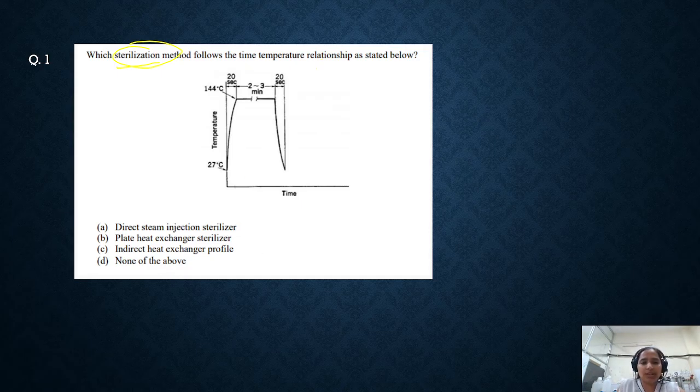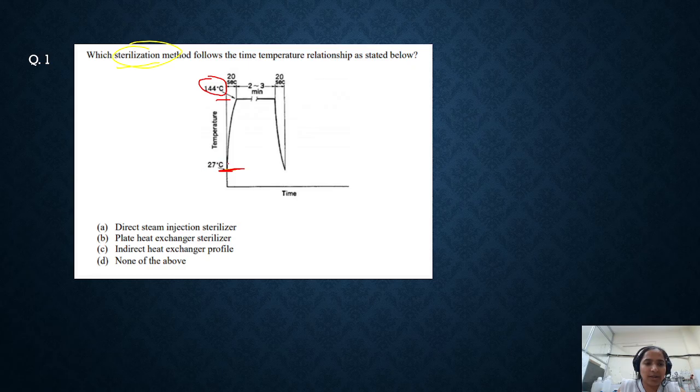So this figure is representing which type of sterilization? Okay, first we must know what is happening in this graph. Here the temperature is shown as 27 degrees Celsius, and finally they are showing it as 144 degrees Celsius, which means at this temperature sterilization is occurring.